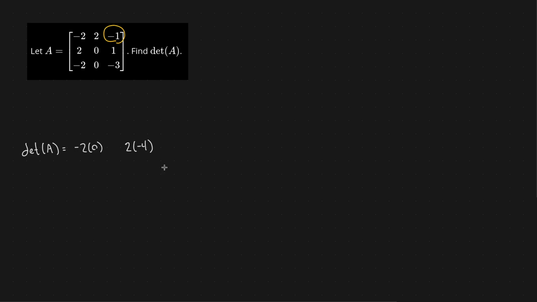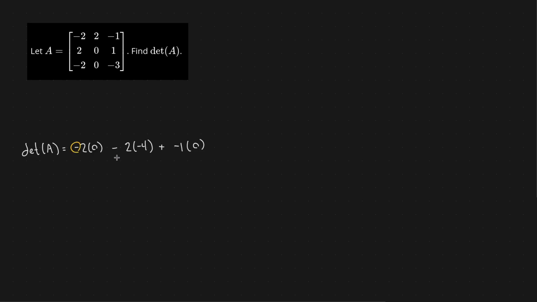So I get 2 times negative 4. And then negative 1 times 0 minus 0. That's negative 1 times 0. Alternate signs, positive, negative, positive. Okay.